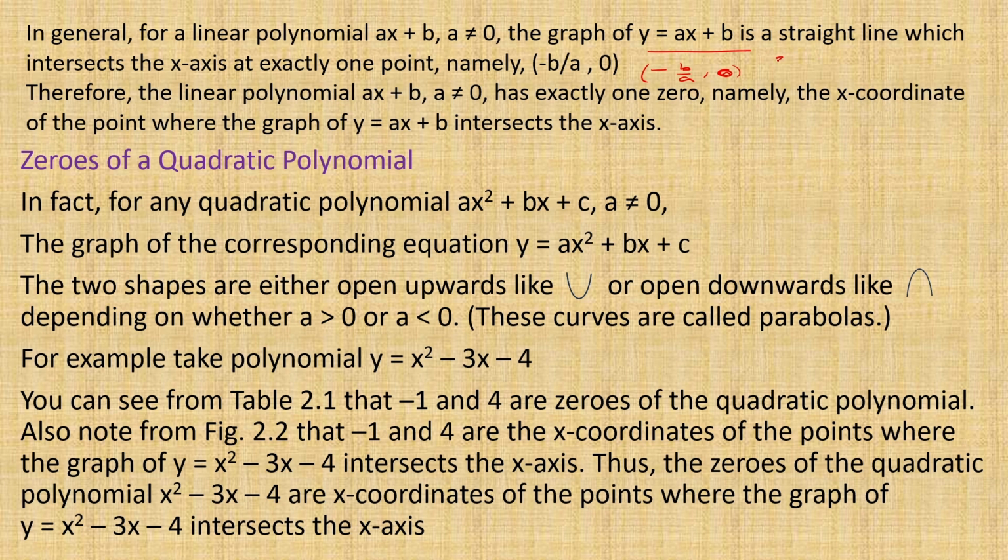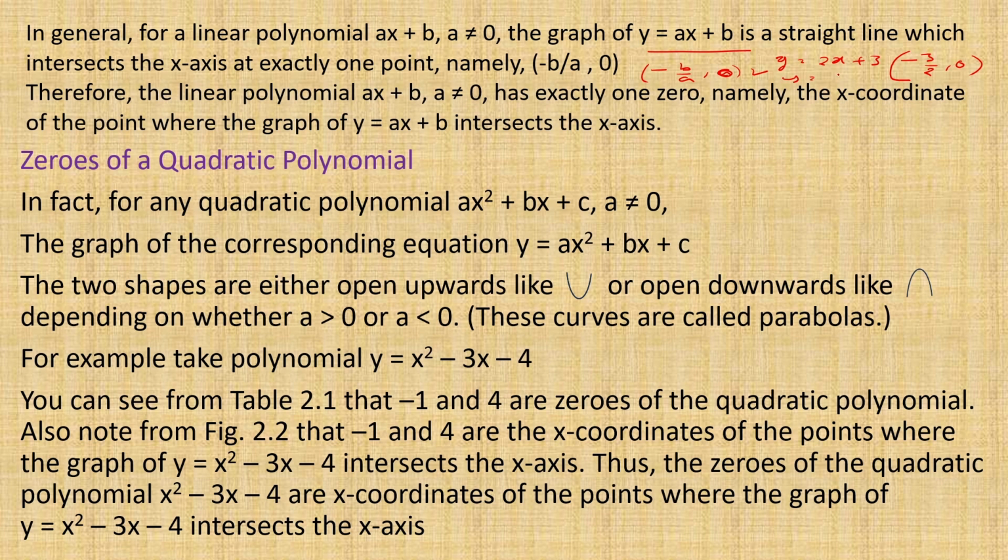Previously what we have seen? y equals 2x plus 3. So minus b by a means minus 3 by 2 comma 0. So it matches with the general expression. For y equals 2x plus 3, we got the zero as minus 3 by 2 comma 0.